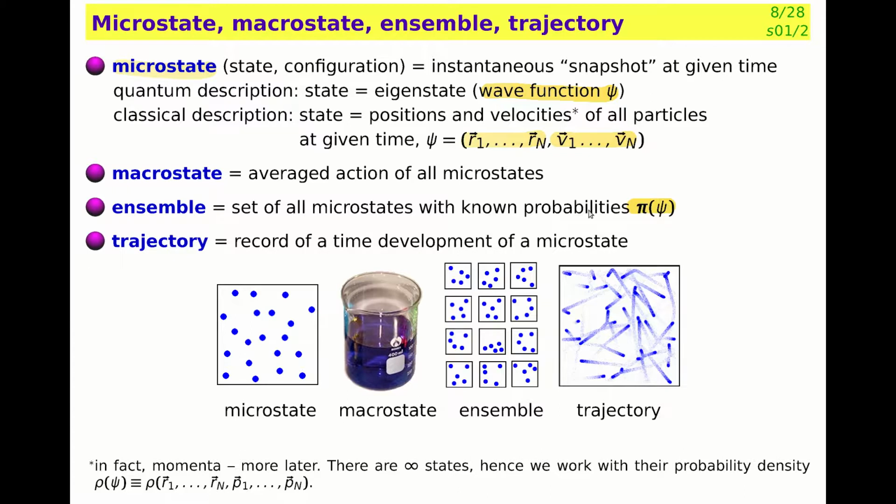If for each microstate I know its probability, which I will call p_i, then I say that I have an ensemble. So an ensemble is a set of all microstates, and for each microstate I know its probability. And I have a trajectory. It is a record of a microstate in time.